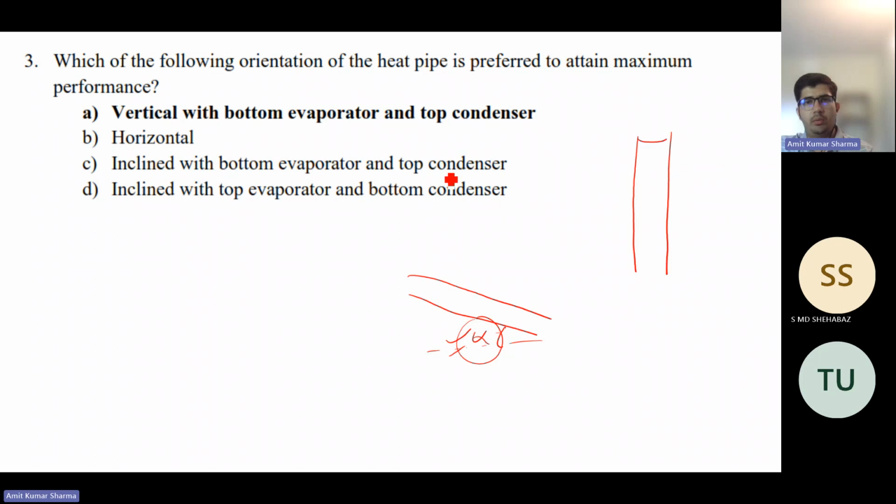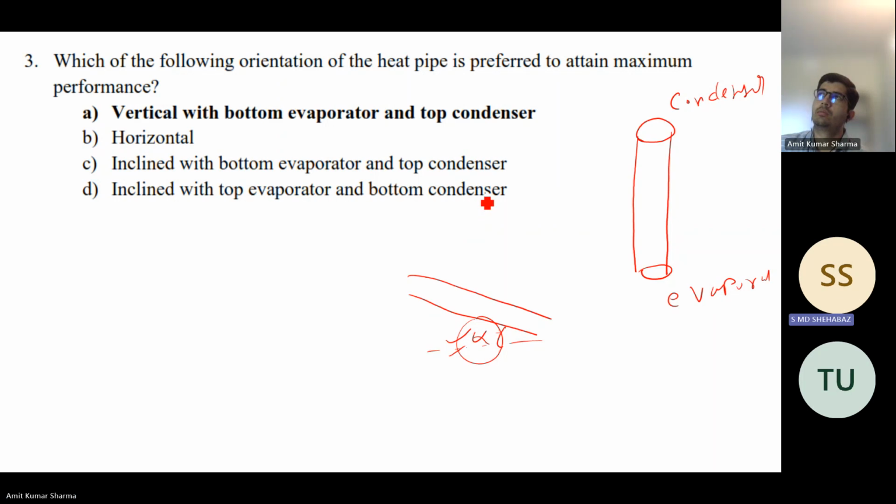So this is the heat pipe. You are saying vertical with bottom evaporator and top condenser. So the condenser is here, and this is the evaporator. You are saying heat flows from bottom to top.